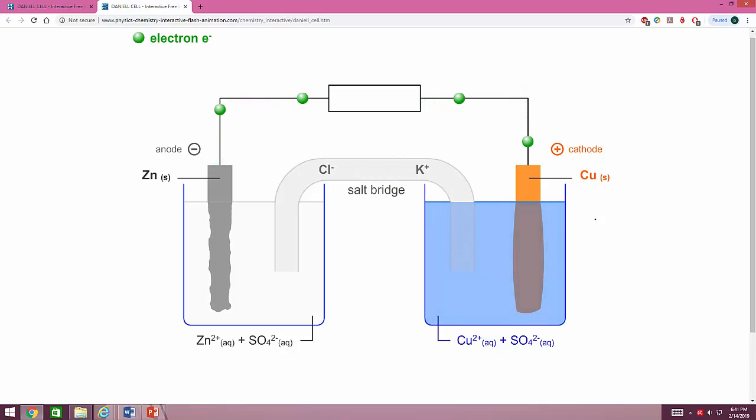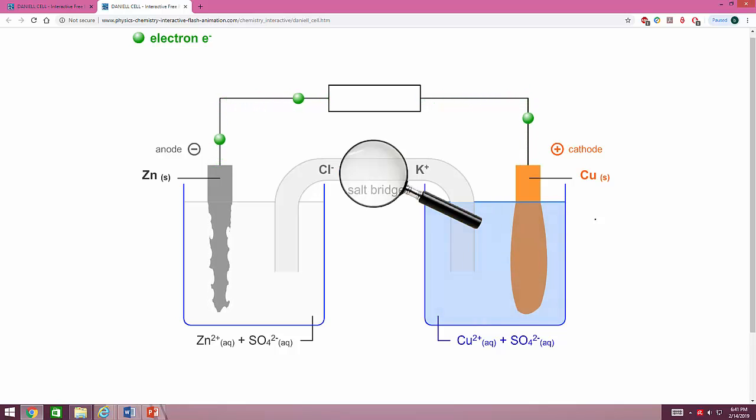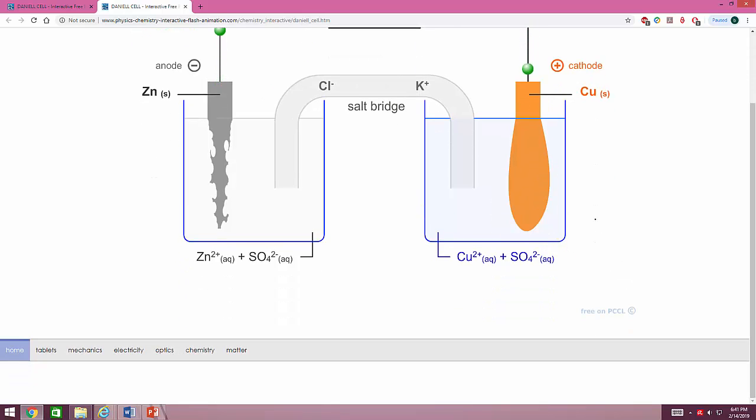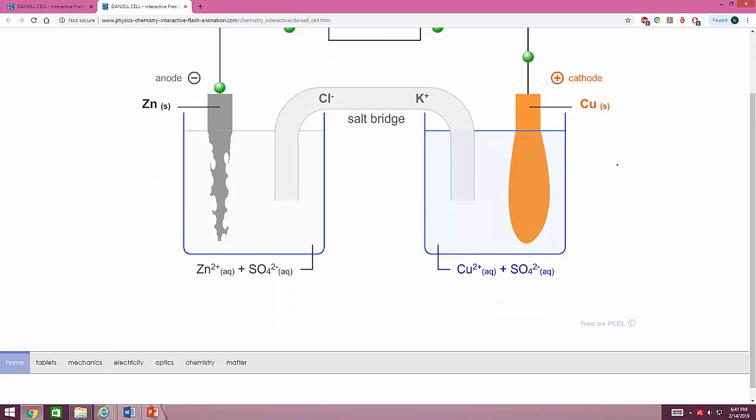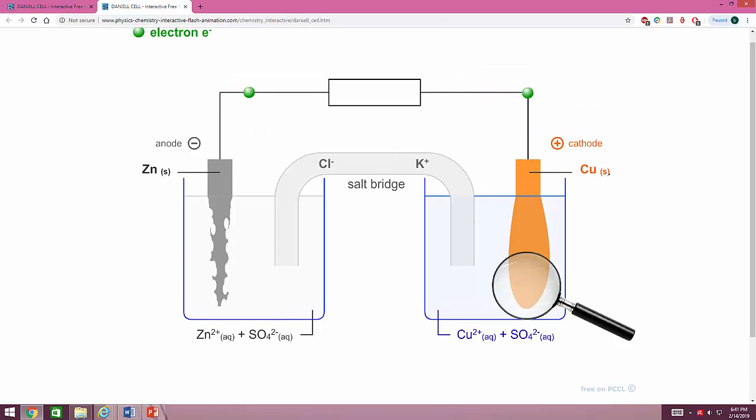Okay, let's look at the salt bridge. What's happening over here if we talk about the cathode? So in the cathode, since you are losing positive ions because the copper ion is going to copper solid, you are getting a reduction in the positive charge in the cathode. So you need to balance that positive charge.